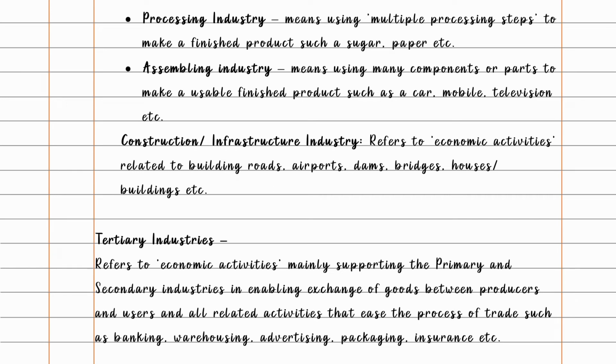So all of these kind of activities come within the tertiary industry. So essentially, these are industries which are facilitating the process of exchange of goods between producers and the users.